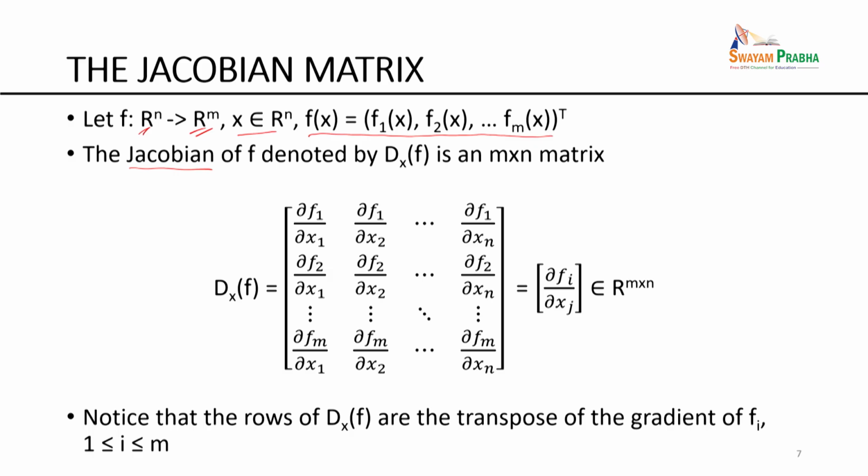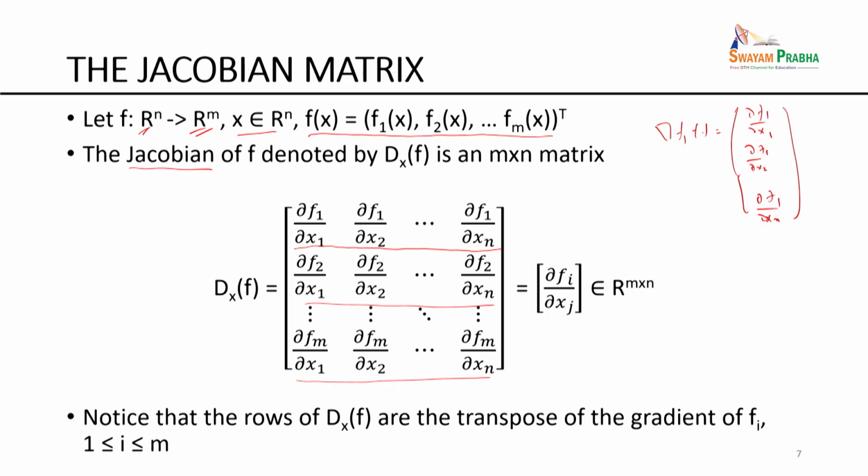Now, please recall the derivative of f1 is the partial of f1 with respect to x1, partial of f1 with respect to x2, and partial of f1 with respect to xn. The derivative is generally a column vector, but look at this, the first row is the transpose of the gradient of f1, the transpose of the gradient of f2, the transpose of the gradient of fm.